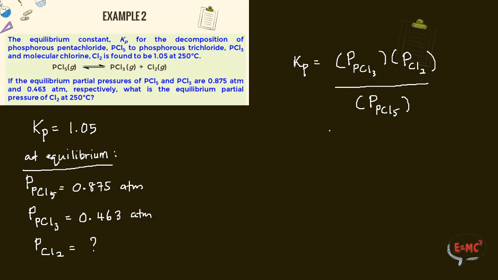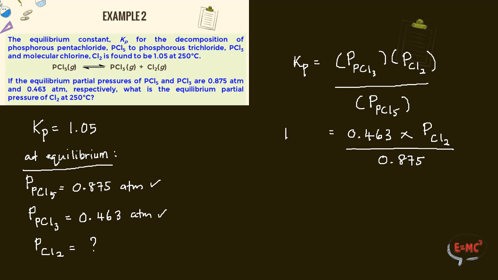So we have here 0.463 atm, alright, times the unknown, the partial pressure of chlorine, divided by the partial pressure of PCl5, which is 0.875.